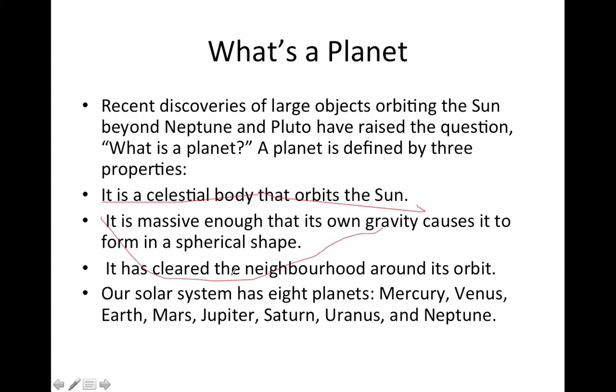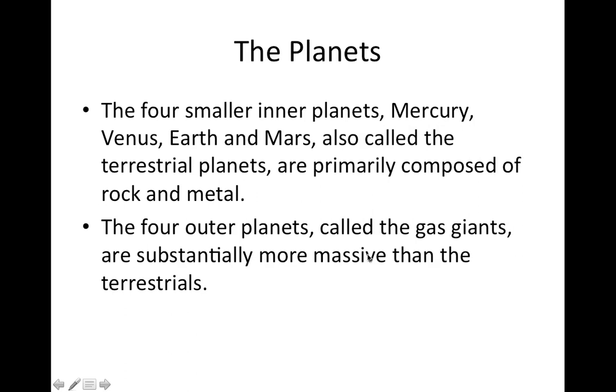And it has cleared the neighborhood around its orbit. Now, the 8 planets that make up the solar system are Mercury, Venus, Earth, Mars, Jupiter, Saturn, Uranus, and Neptune. We're going to discuss these planets one after the other, but here is just a brief caption of some of the qualities of these planets.